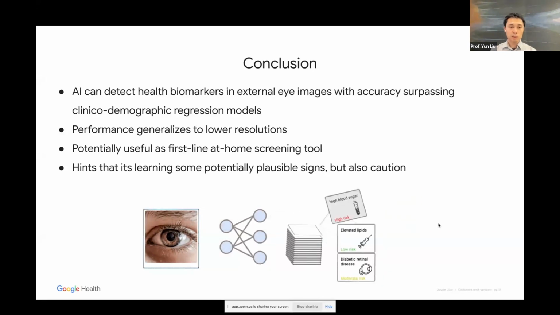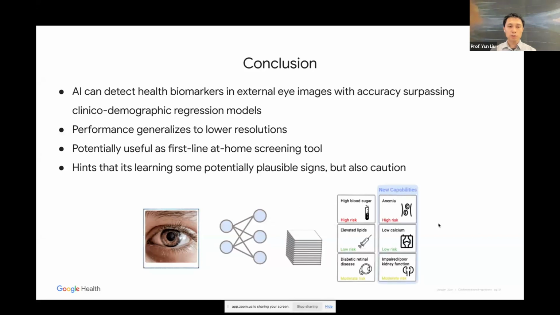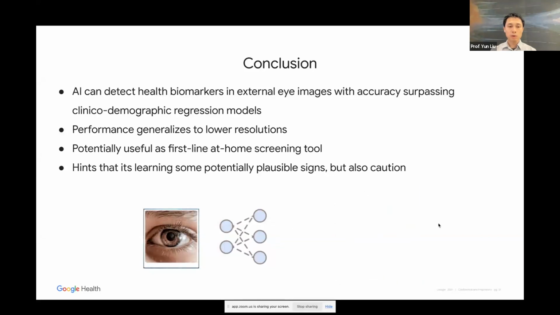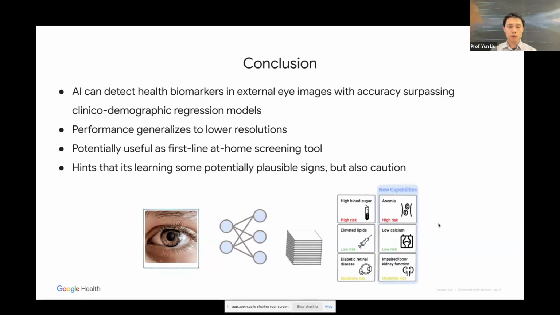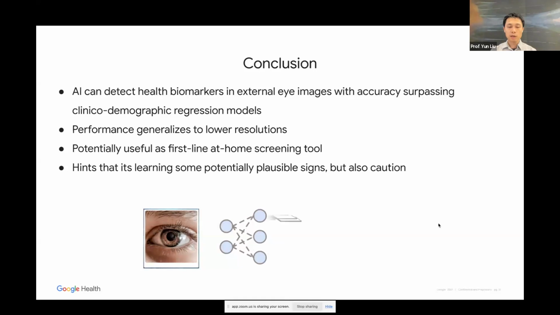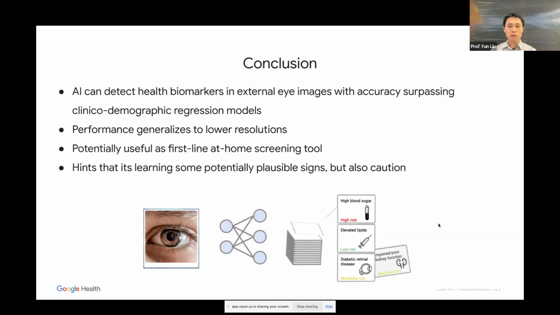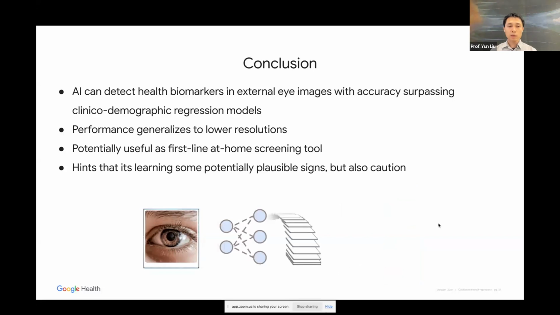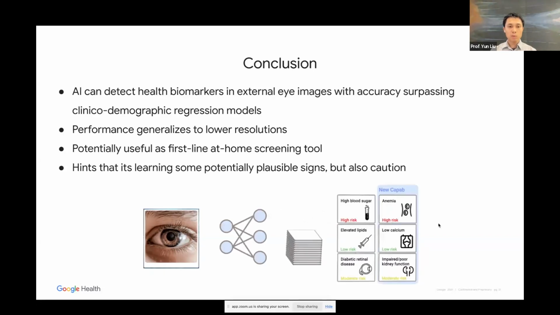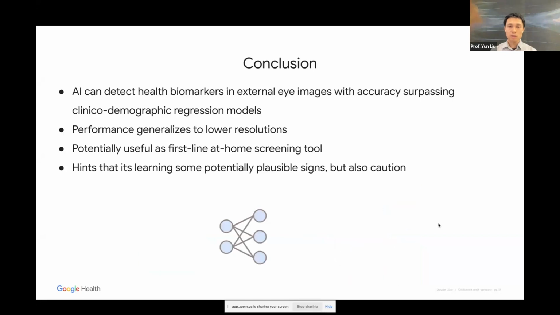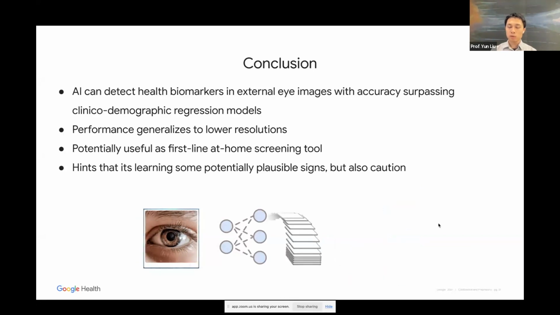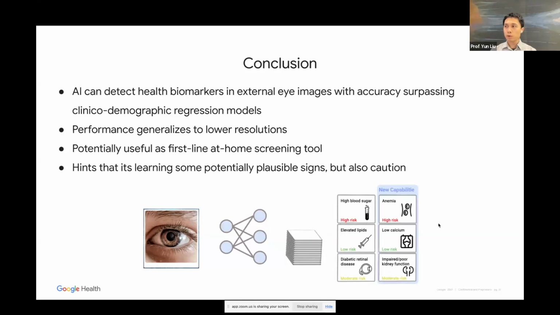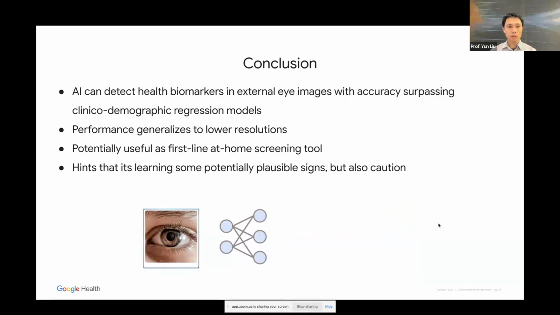Once we dived more deeply, we found that it was learning some features that were very reassuring, such as pallor for anemia, but also some very counterintuitive features, such as the arcus feature, which we think is a marker of survivorship bias in the dataset. Finally, we also saw features that seem to be associated with demographics. These are probably confounders that we don't want the model to be learning, so it really points to a way to do very careful debugging of the dataset.